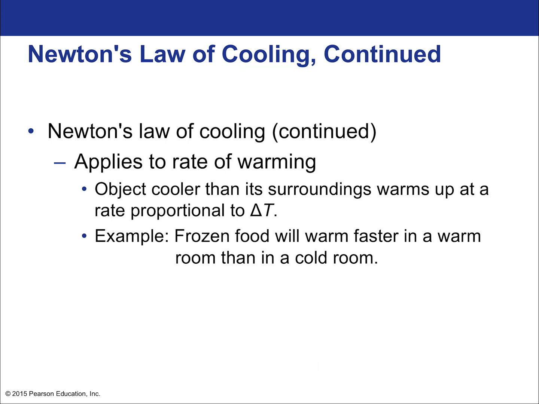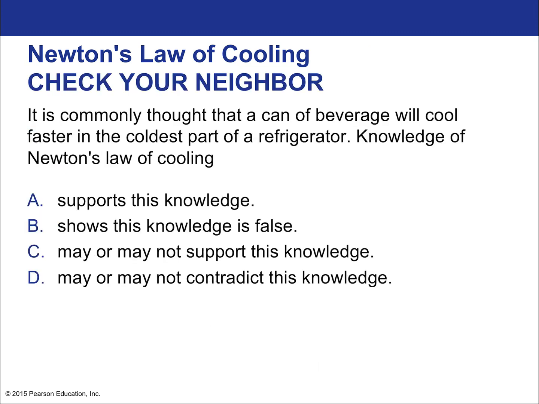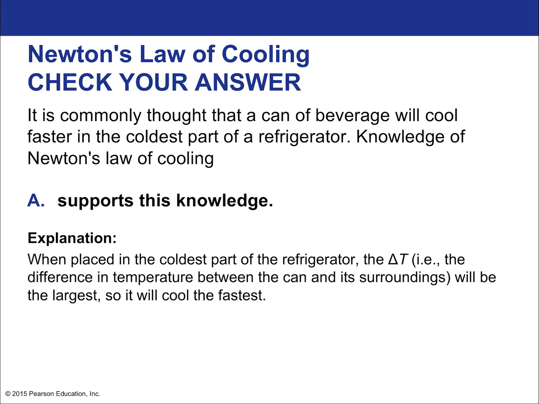So objects cooler than their surroundings warm up at a rate proportional to delta T. For example, frozen food will warm faster in a warm room than in a cold room. So you can cool off a drink, a soda, faster in the refrigerator than just leaving it sitting in the room. It is commonly thought that a can of beverage will cool faster in the coldest place of the refrigerator. Knowledge of Newton's law of cooling definitely supports that. Okay, this isn't one of those gotcha moments. Common sense ends up being the correct one here.